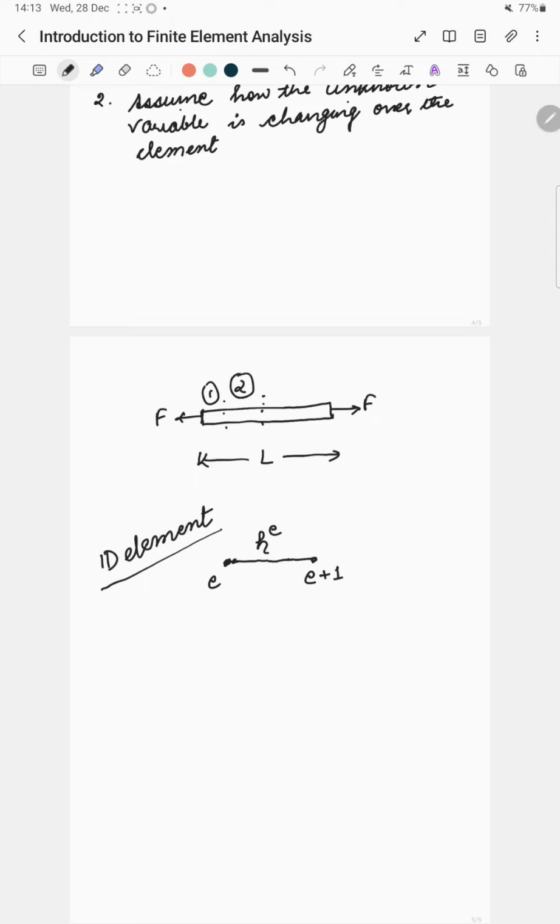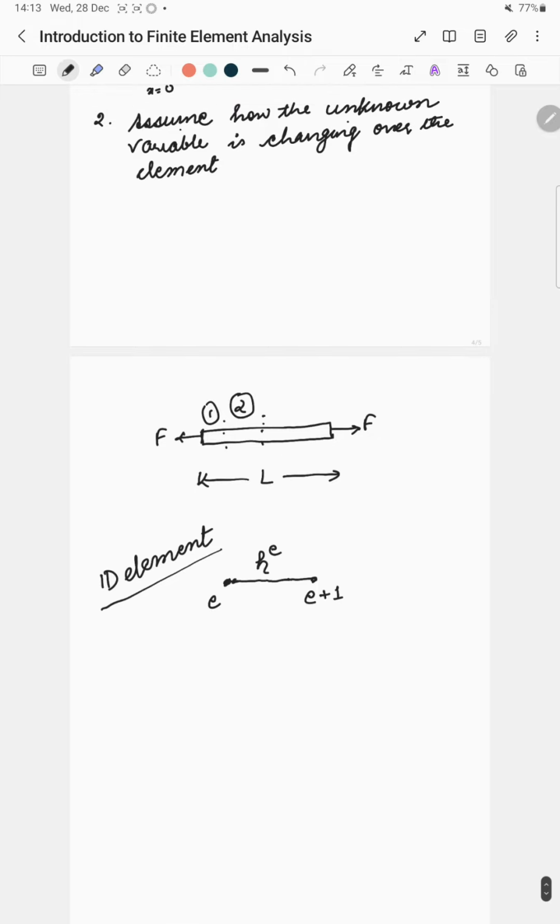Basically, we want the displacements at all internal points when we are pulling this bar. So I can assume that the displacement is constant over this element, or I can assume that the displacement U is varying linearly over this element.